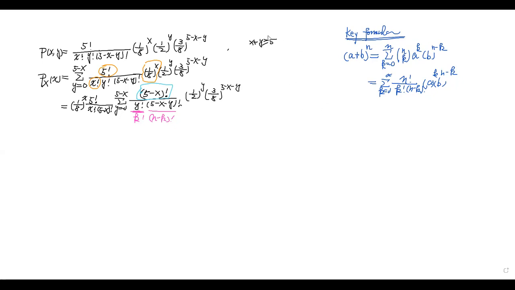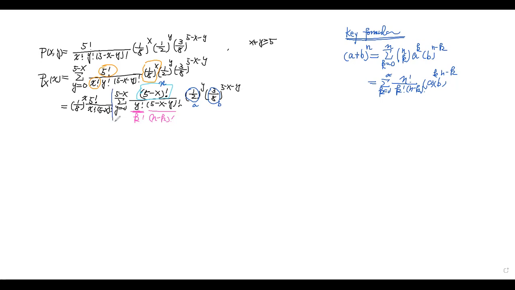Compared to the binomial expansion formula, you can treat this as your a, this as your b, and 5 − x is your n, and this is your k minus k.